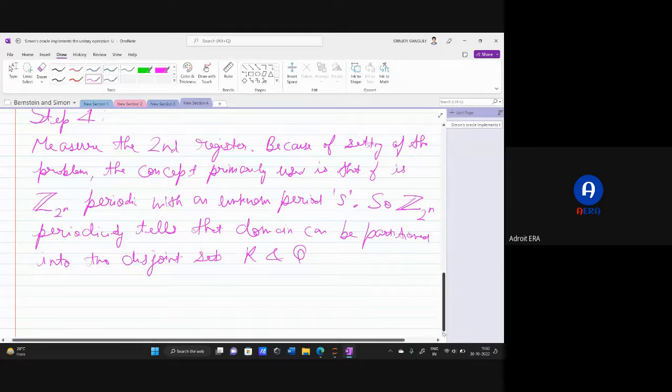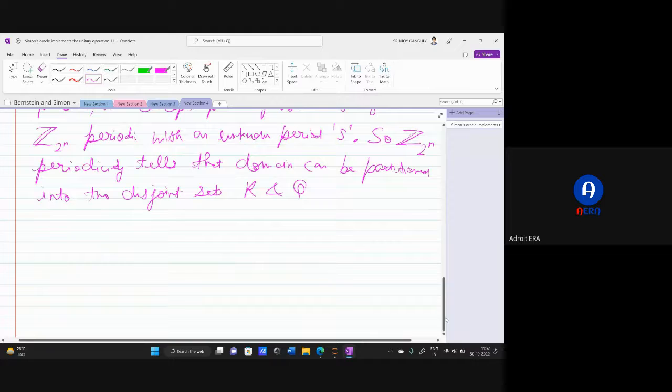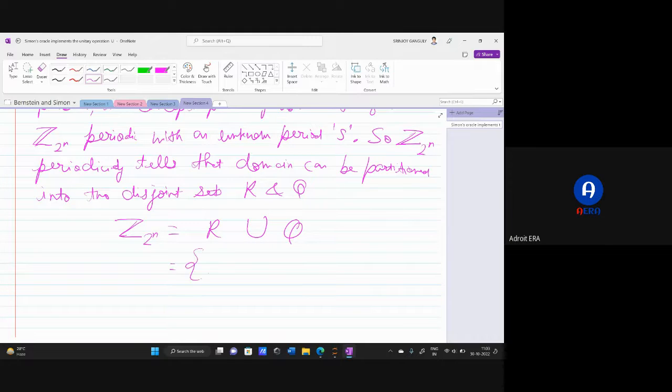R is real and Q is rational, you already know this from school. So you can divide it: Z_2^n periodicity is R union Q, where R takes values of x, and Q takes values like x XORed with 0.